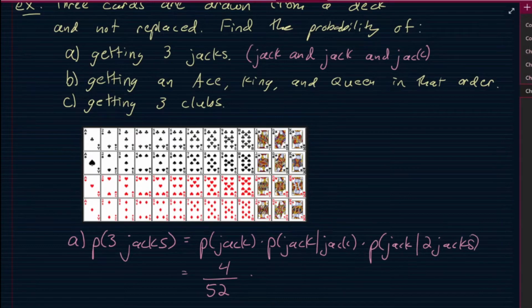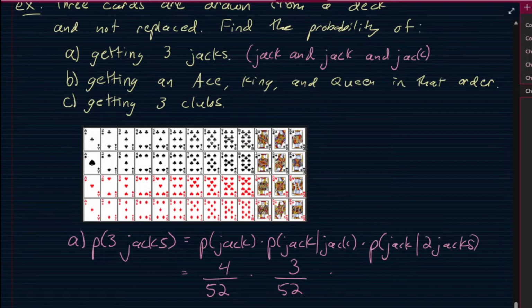So now, what's our numerator? How many outcomes are favorable to us getting another jack? Well, now there's only 3 left, so that's actually 3 here instead. The probability of another jack, given that our first card was a jack, is 3 out of 51.